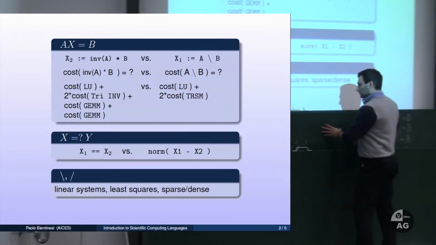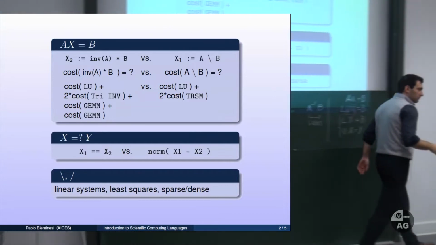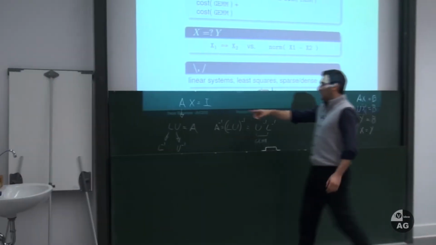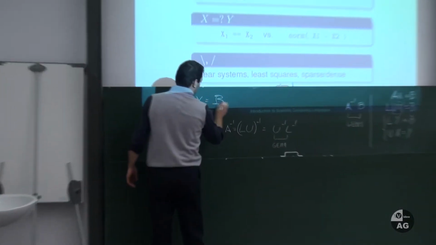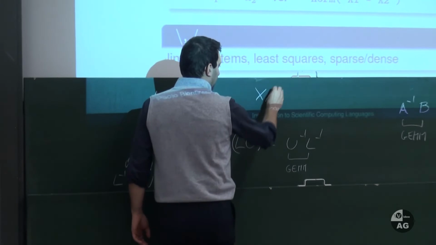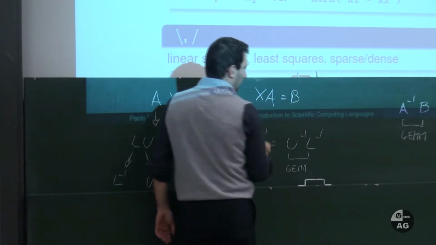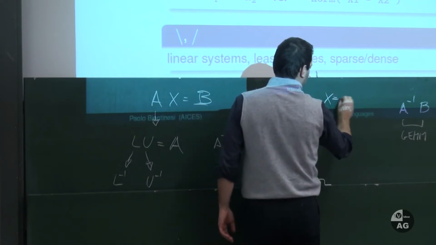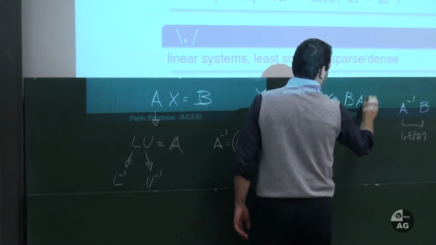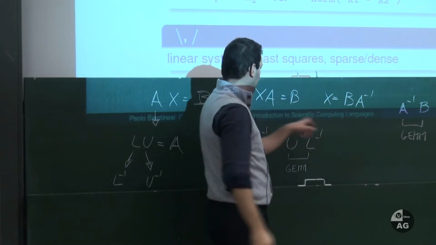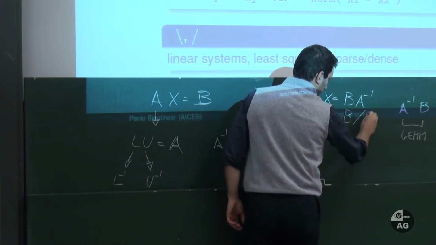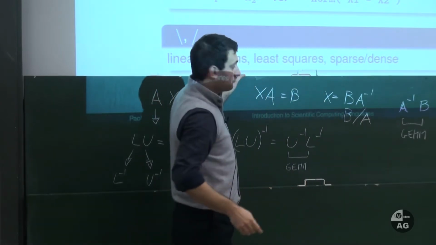If instead of Ax equals b, you want to solve xA equals b, now all of a sudden the inverse would appear on the other side of b, and the notation for this would be that.